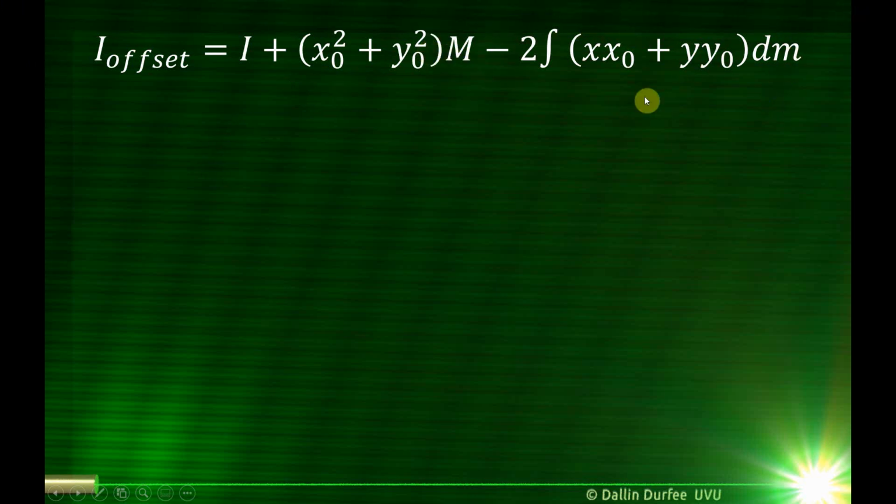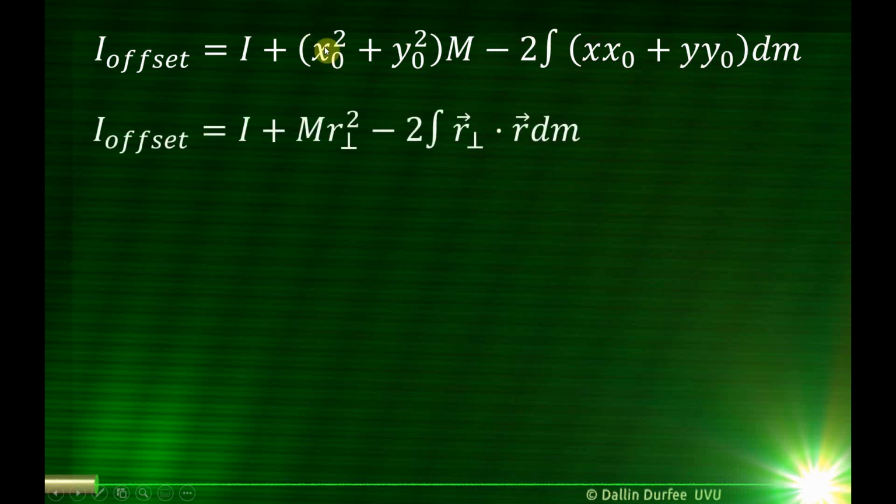And then we have this other integral right here. Well, first of all, notice that x naught squared plus y naught squared, that's just the distance we displaced the axis by. So that's the perpendicular distance between the original axis and the new axis we want to find the inertia around. So we can write this term as just mass times that perpendicular distance squared.